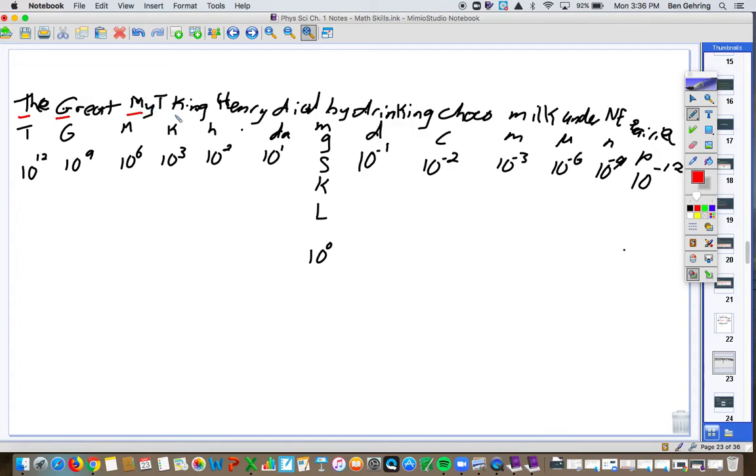King starts with a K, Henry starts with an H, died starts with a D, by is a B, drinking is a D, chocolate is a C, milk is an M, under starts with a U. This is the one that doesn't fit perfectly.